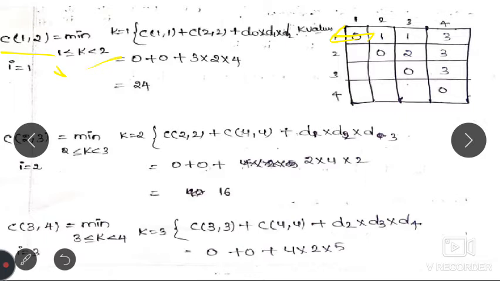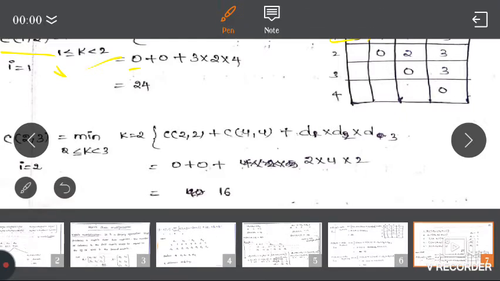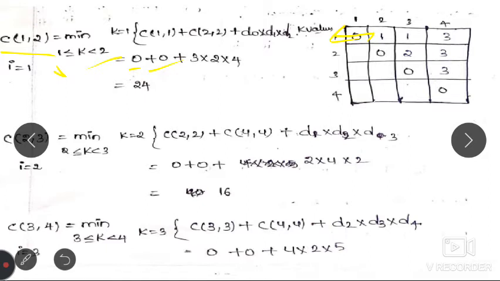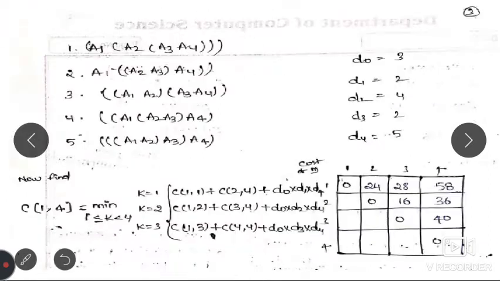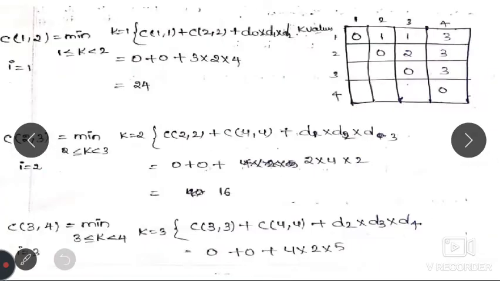Cost of 1 comma 1 is 0, cost of 2 comma 2 is also 0, d0 is 3, d1 is 2 and d2 is 4. So 3 into 2 into 4, 24. Cost of 1 comma 2 has only one multiplication answer, so this is 24.